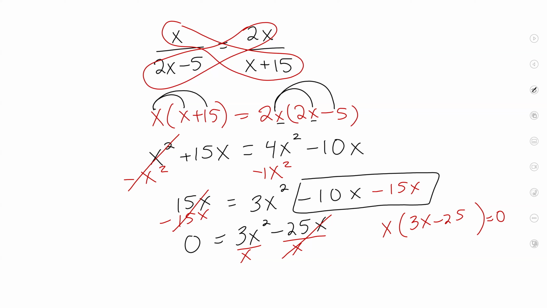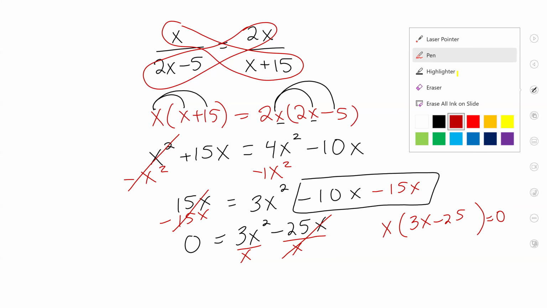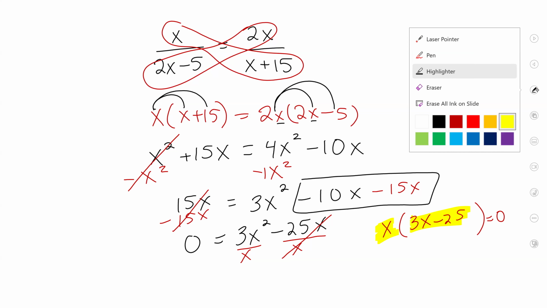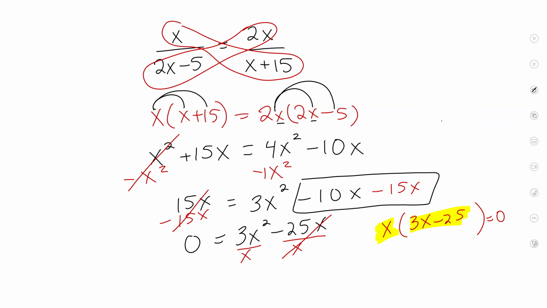What you're going to do is set what is outside equal to 0, and then set what is inside equal to 0, and solve. So my first one, set this outside x equal to 0.